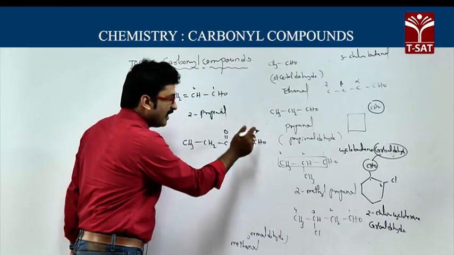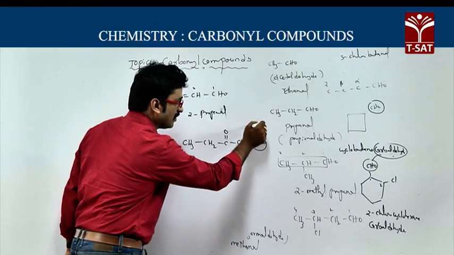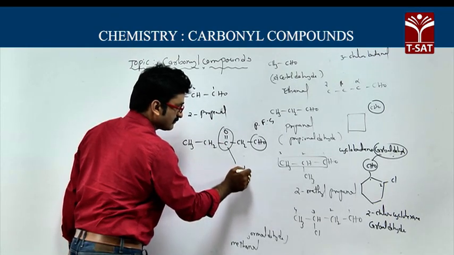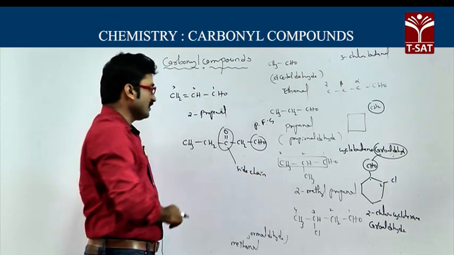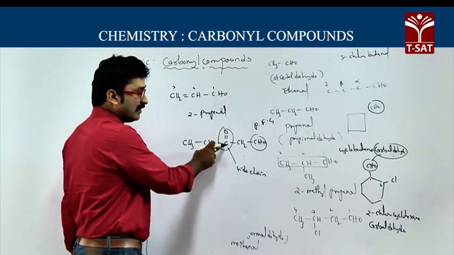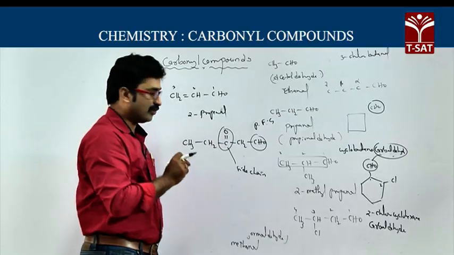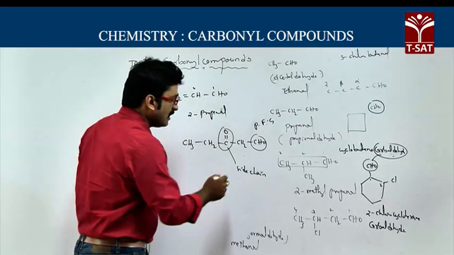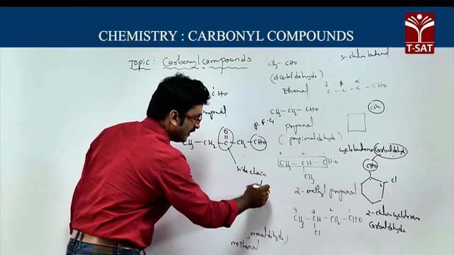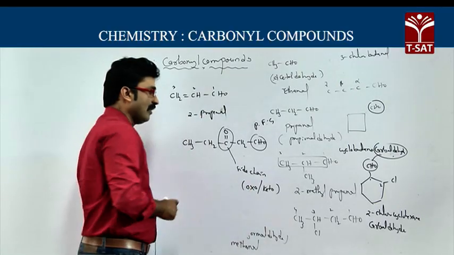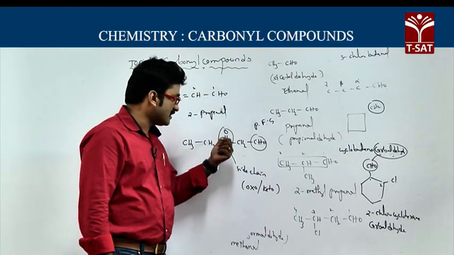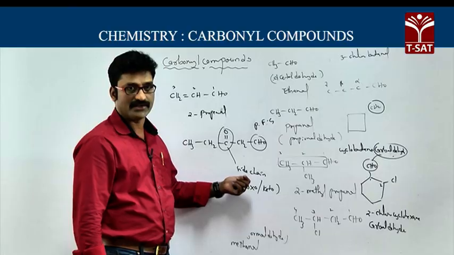So when it is considered as the principal functional group, this should be considered as a side chain. And whenever the C double bond O group, the keto group, is considered as a side chain, you should write its name as oxo or else keto. So we are supposed to use oxo or keto when the ketone, C double bond O, is considered as a side chain.